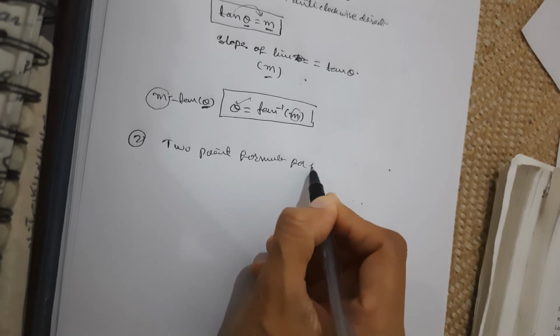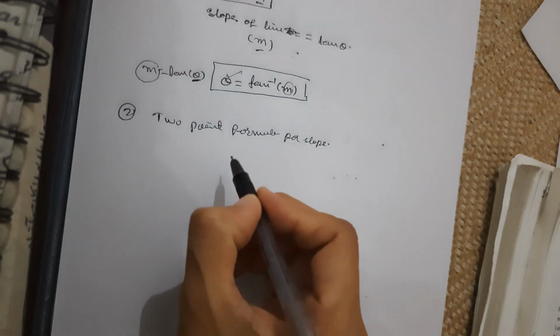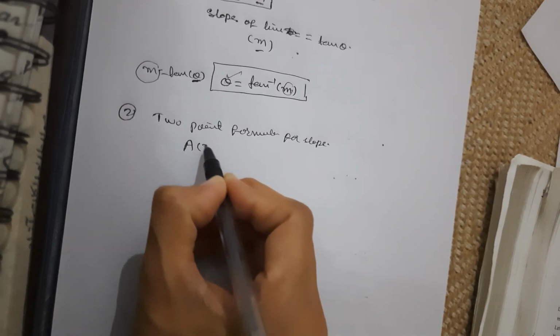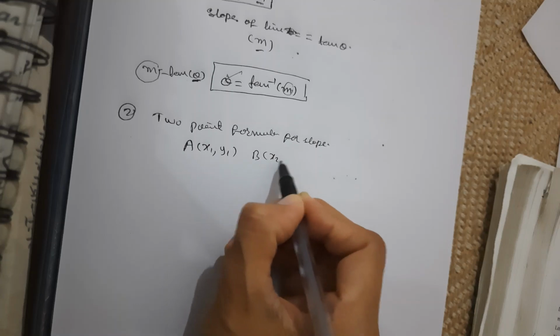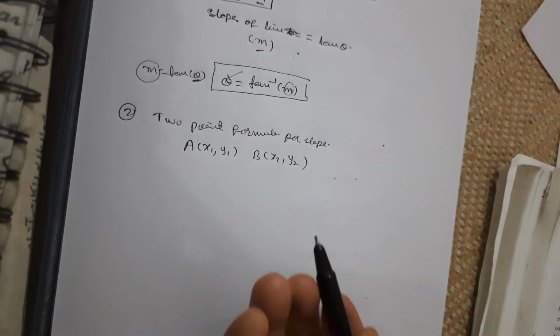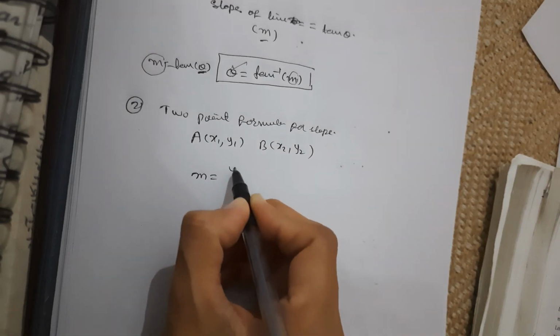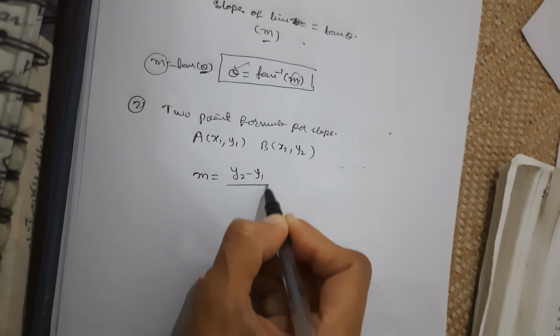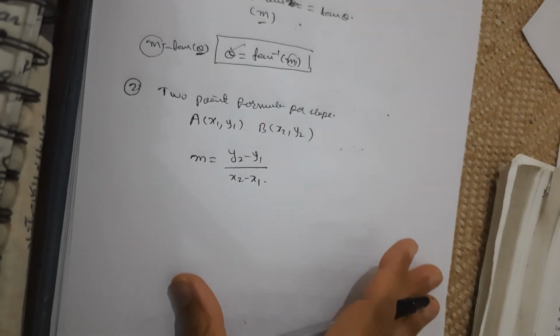Suppose you are given two points on the straight line, (x1, y1) and (x2, y2), and you want to calculate the slope. Then the slope is given by (y2 minus y1) upon (x2 minus x1). This is called the 2 point slope formula.